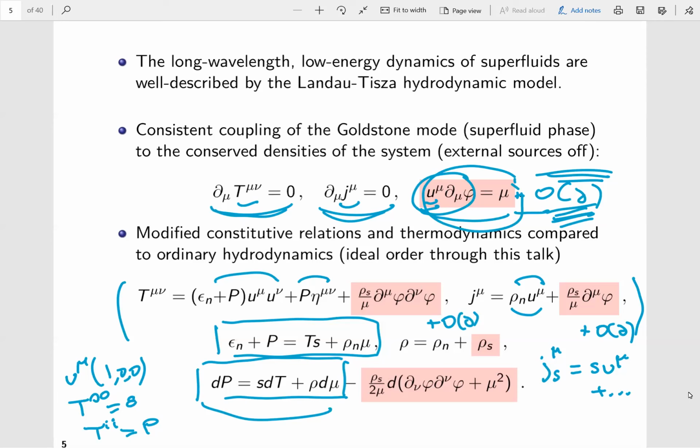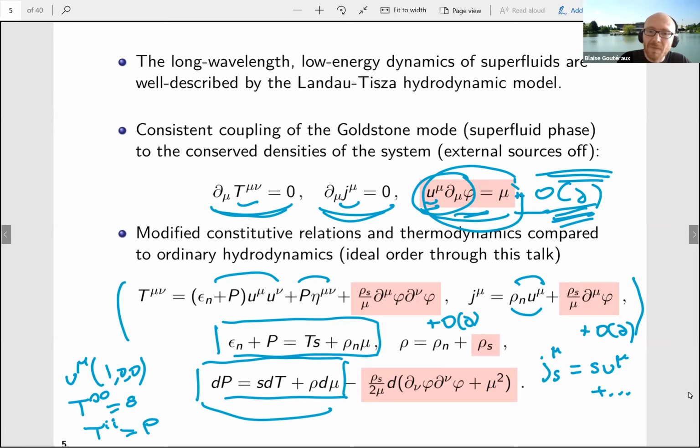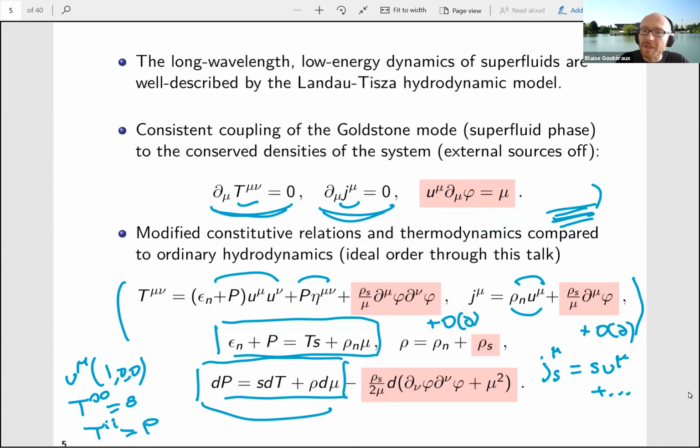I sort of got derailed in the way that I wanted to present things, but yes, let me now go through this. So right now, everything I was saying mostly applied to fluid hydro, with the exception of the discussion we just had on this Josephson relation. But now let's see what happens when we do include the coupling to the Goldstone mode. Coupling the Goldstone mode doesn't simply add one more equation.